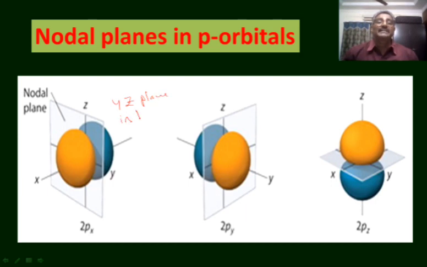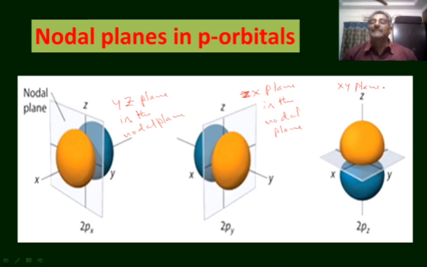In the same way, the nodal plane of py orbital is the xz plane, or zx plane. In the same way, for pz orbital, the xy plane is the nodal plane.